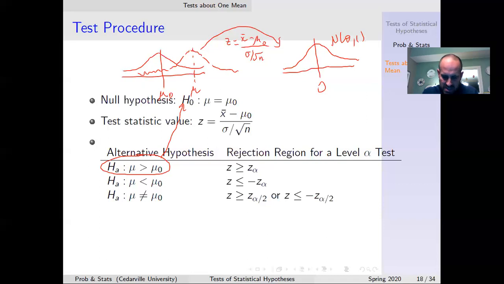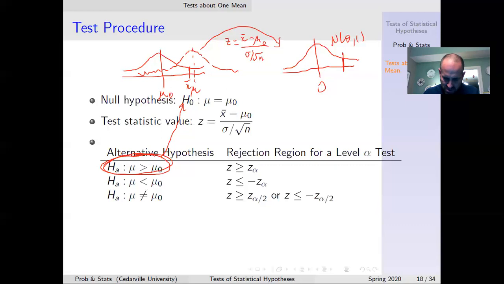So if I end up with a test statistic like X bar that's way up here somewhere, hugely positive, then I'm starting to think that mu really is bigger than mu0, that the bell shape really should be shifted. So that's why I pay attention to the right tail in this particular case.